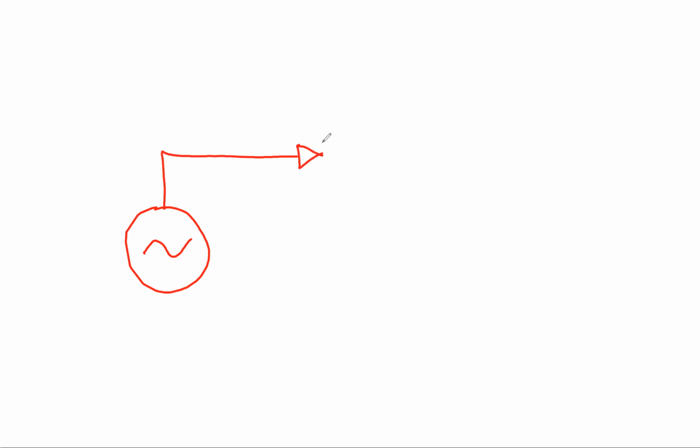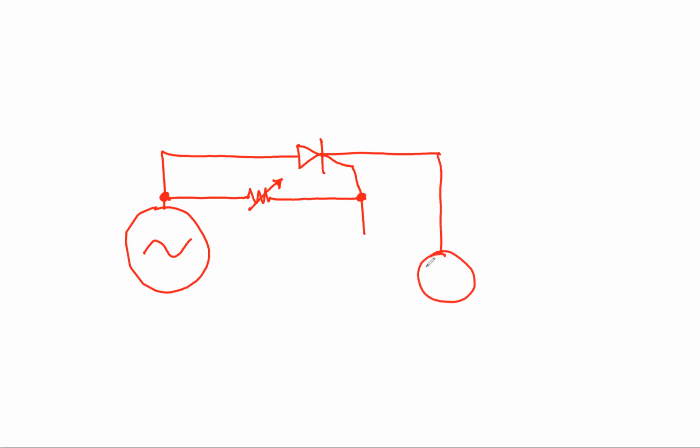So with my SCR, I'm going to install a small variable resistor right there. Okay, and then here I'm going to have my load, which is my light bulb.